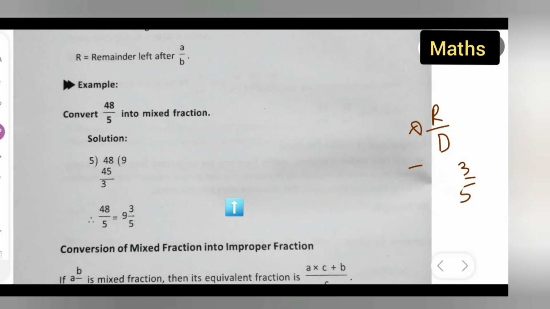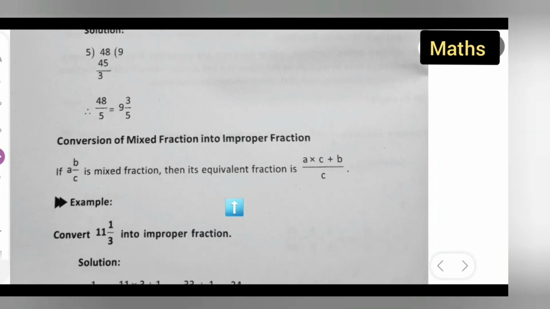So next let us see the conversion of mixed fraction into improper fraction. If a, b upon c is a mixed fraction, then its equivalent fraction is a multiplied by c plus b, upon c.